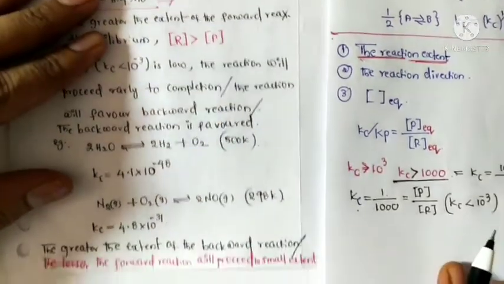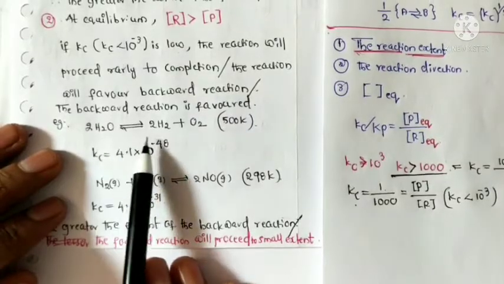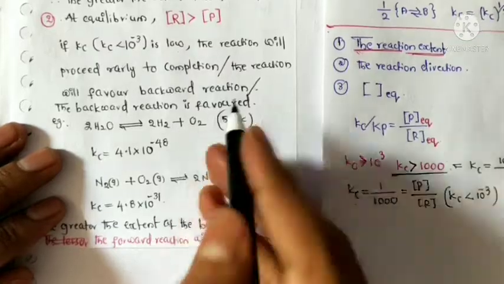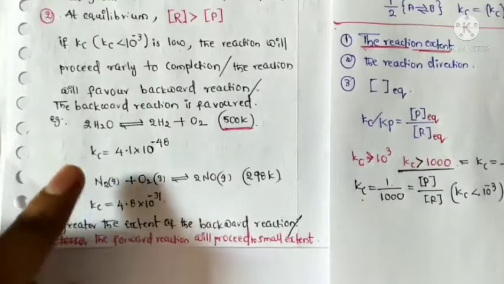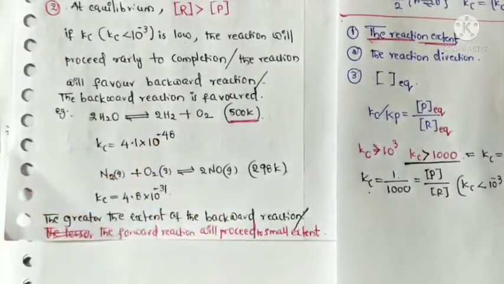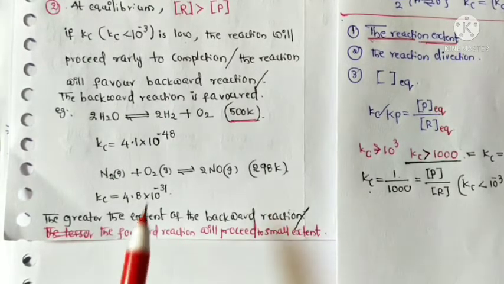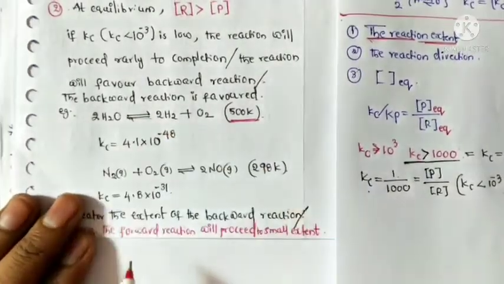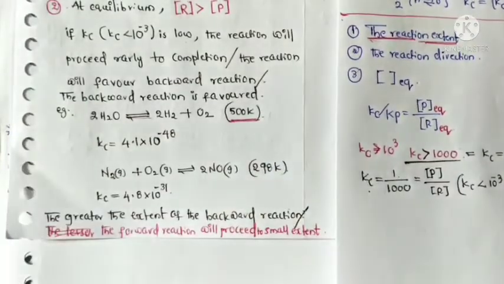So some examples are there. That is the dissociation of water into hydrogen, the best example, at a given temperature. How much is the temperature? 500 Kelvin. The Kc value is 4.1 times 10 to the power of minus 48, a very, very small equilibrium constant value. So the backward reaction is favored compared with the forward reaction.